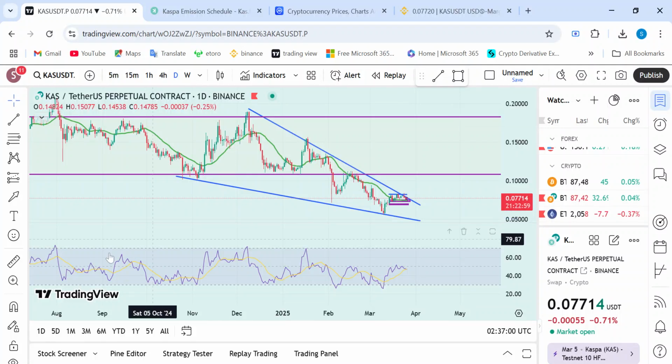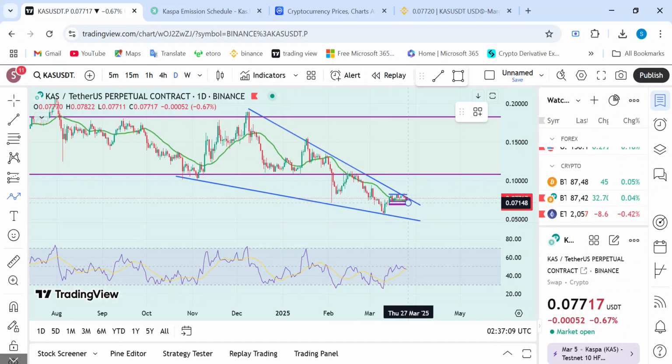And that could happen anytime soon, and it could play out this way. Bear with me. If we're here, we have this micro support zone. We might break out something like this, but obviously we're going to have to come back and retest it.